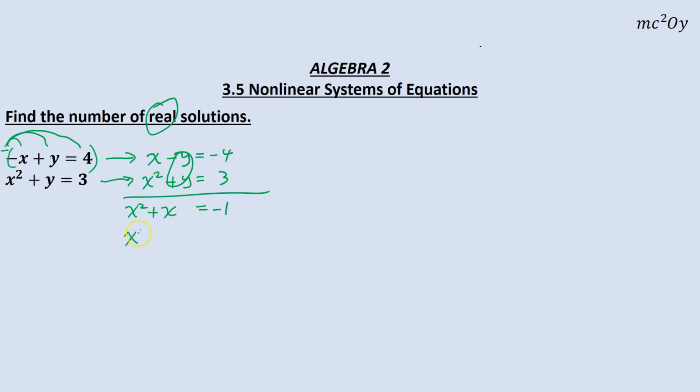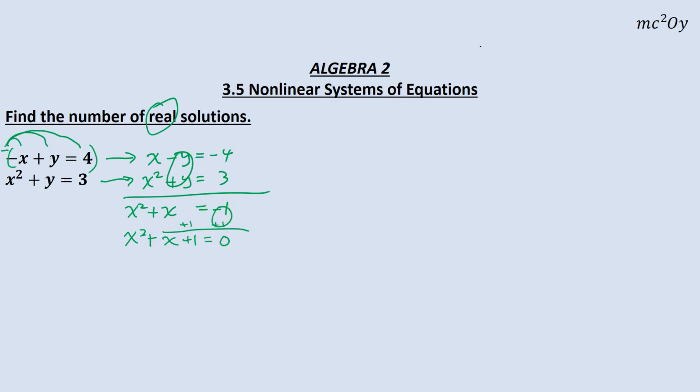So if I write it in ax squared plus bx plus c equals 0, that would mean I'd have to just move this 1 over, add 1 to both sides. Right? Okay, balance it out. So that'd be x squared plus x plus 1 equals 0 now.